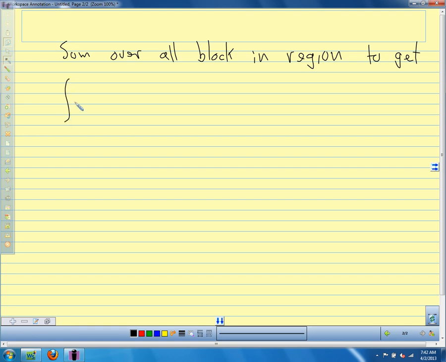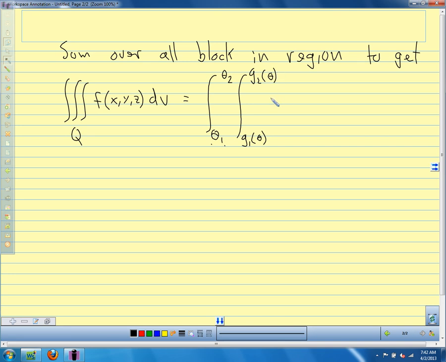So the triple integral over our region of some function f of x, y, z dV in cylindrical coordinates is going to be the integral from theta 1 to theta 2, the integral from g1 of theta to g2 of theta, and the integral from h1 of r, theta to h2 of r, theta, f of r, theta, and z, times r dz dr d theta.